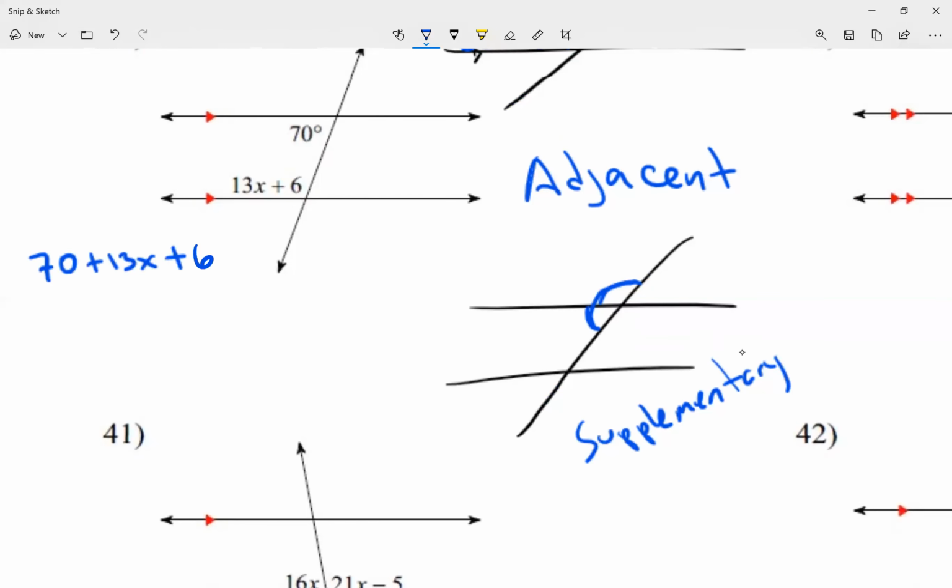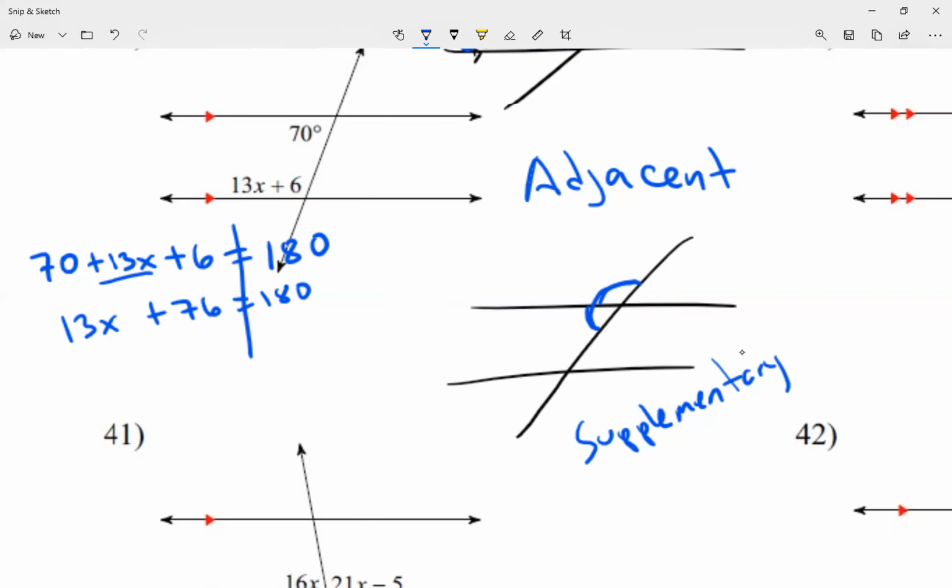I'm adding everything and it's going to equal 180. Remember, that's supplementary. All right, so let me combine like terms on the left side. When it comes to x's, I just have 13x. When it comes to numbers, I have 76. Right, 70 plus 6 gave me 76. This is all equal to 180.